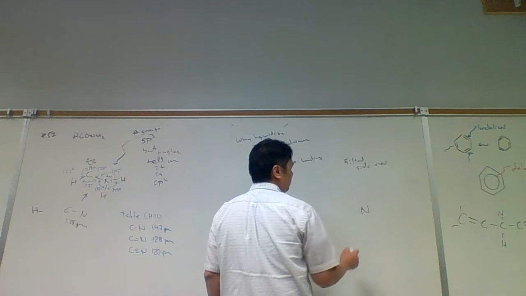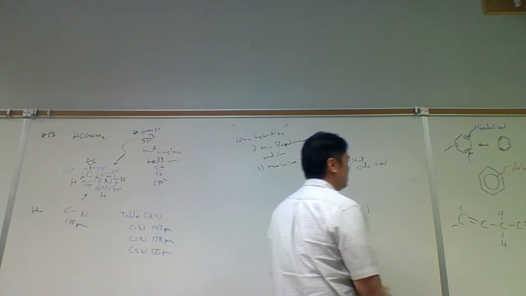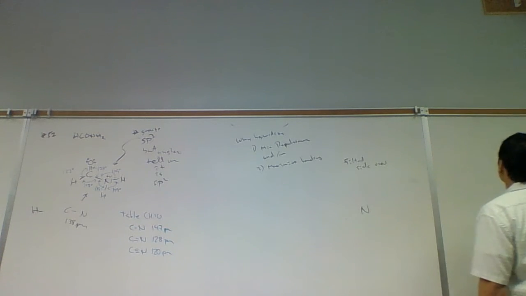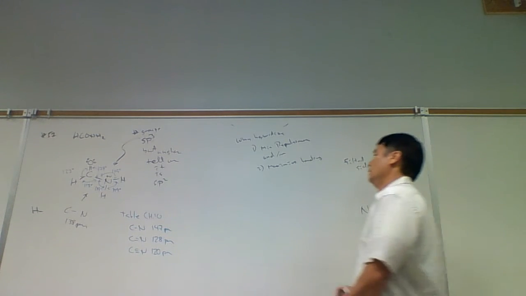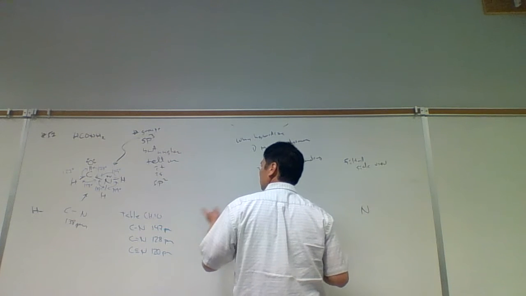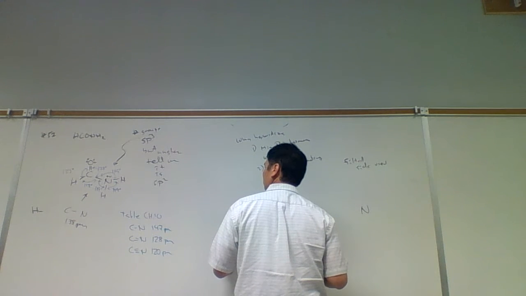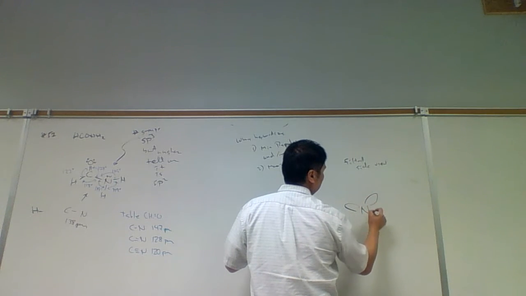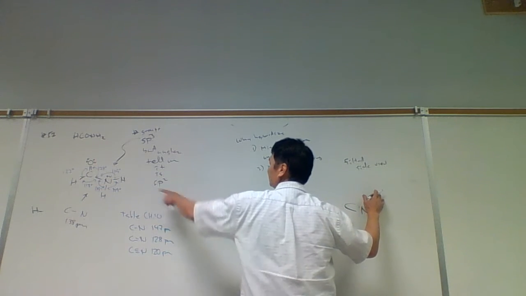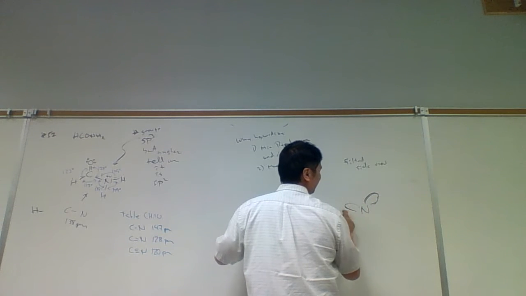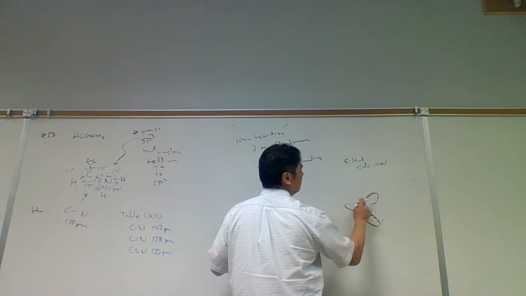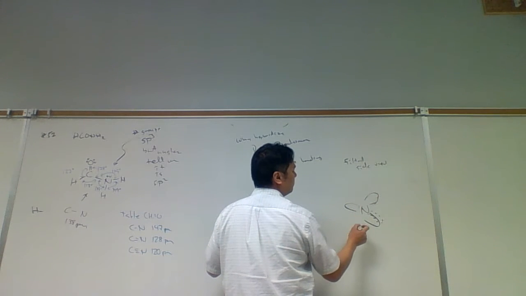Now, SP3 makes sense to minimize the repulsions. If I have 4 groups, I'll write 2 in the plane, 1 coming out, and 1 going in. Double line there.